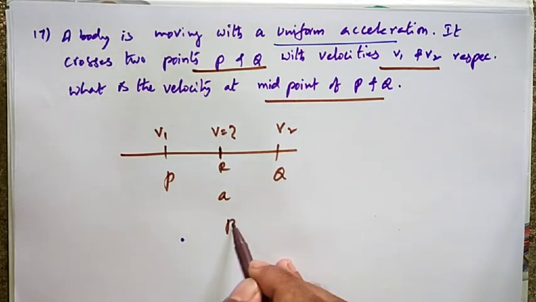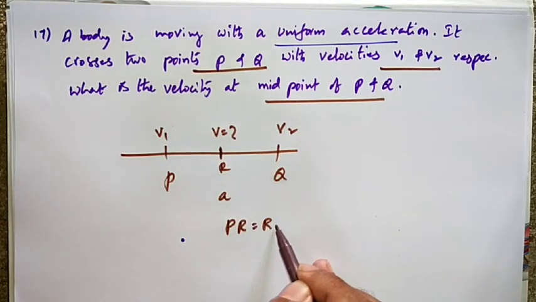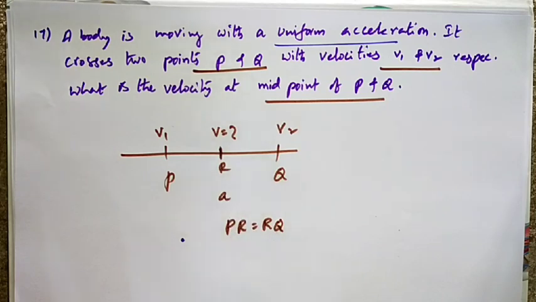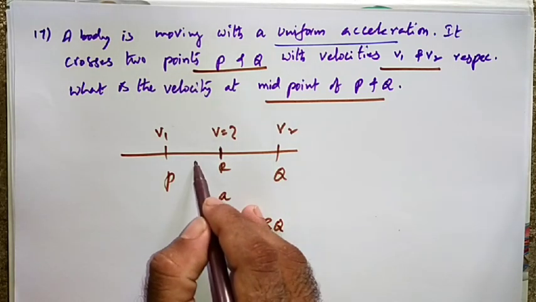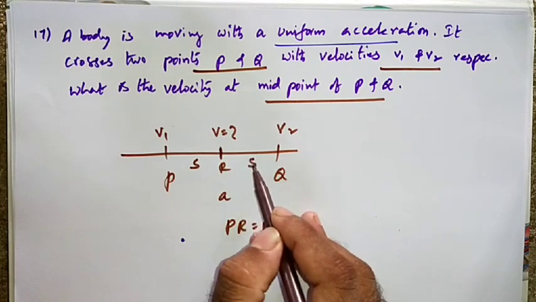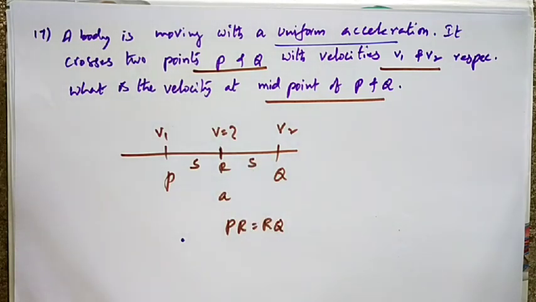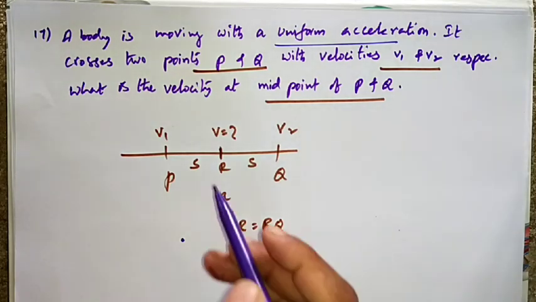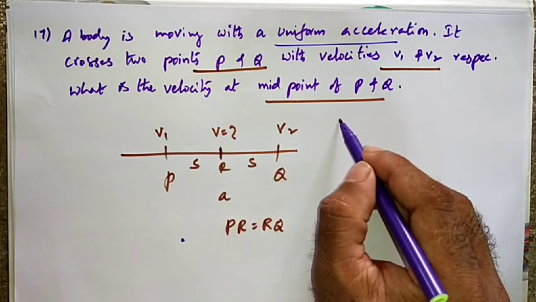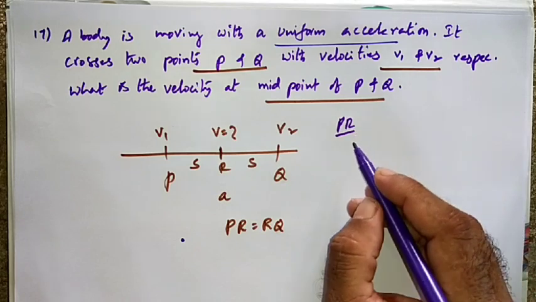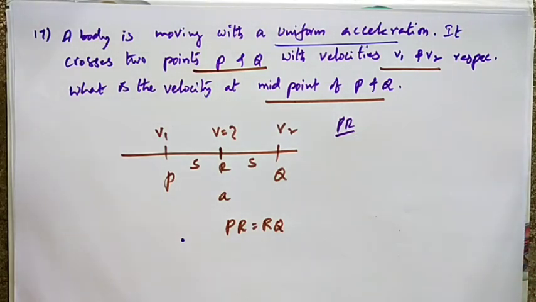Here PR is equal to RQ, since they said it is the midpoint. That means this is S and this is also S, the same distance. Now it's very easy. For the first part PR, I am applying the equation v square minus u square is equal to 2as.